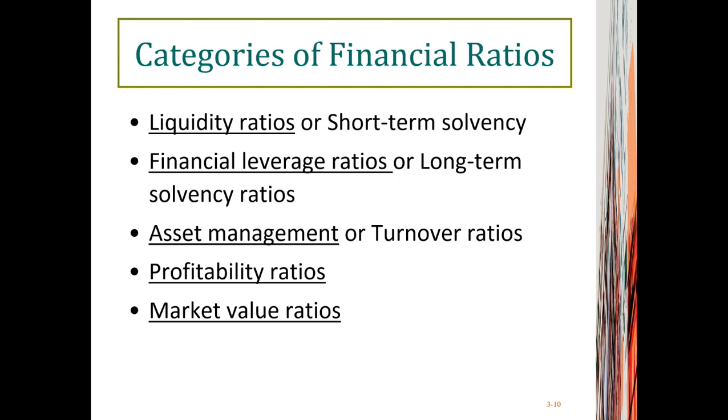The first category is the liquidity ratio, which we also call the short-term solvency ratio, and those ratios are very important for bankers who lend money to the company and for debt holders of the company. Essentially, the liquidity ratio measures how sufficiently the company is backed up for its short-term liabilities.